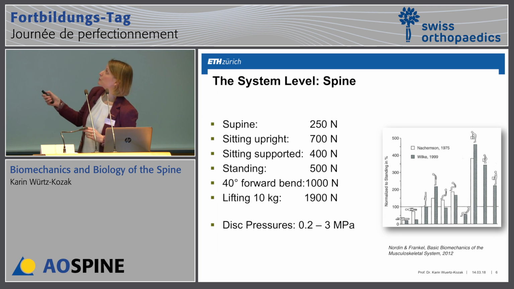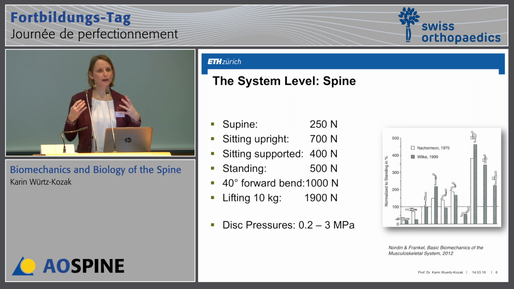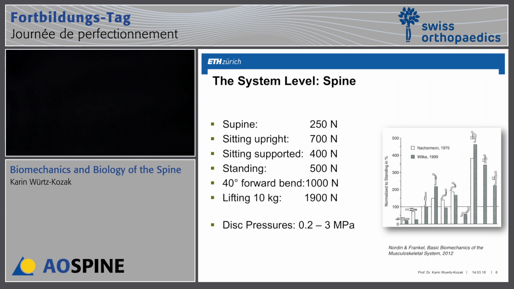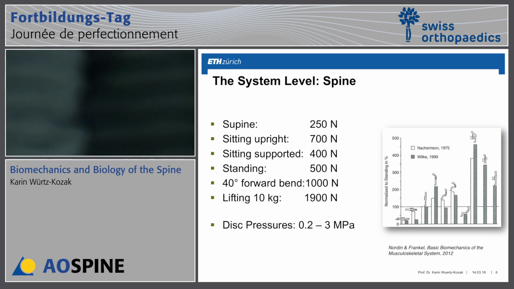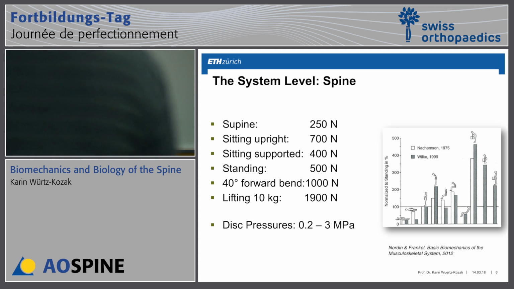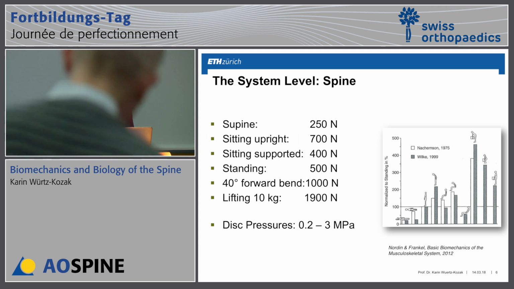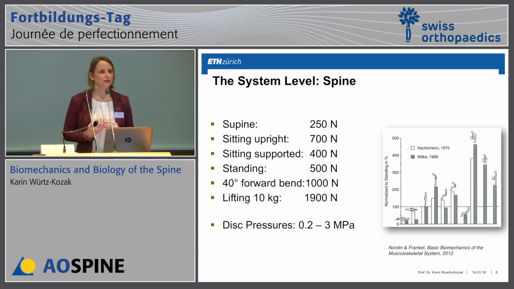And the sitting position is then put to 100%, and you can see that when you bend over and lift a heavy weight, like a beer case, then the loads on the spine and the disc really increase a lot, up to 5-fold more. And this in the end results in the fact that the intradiscal pressures can be as high as 3 megapascal, which is very high if you think about it. So the structure of the discs needs to compensate for that and needs to be able to withstand these forces.